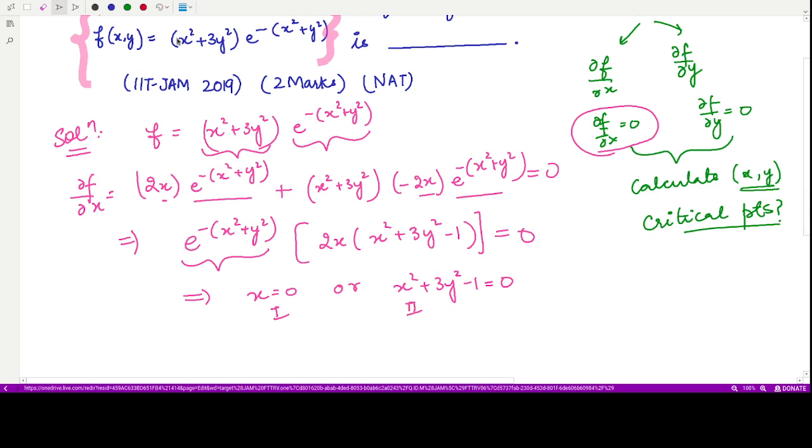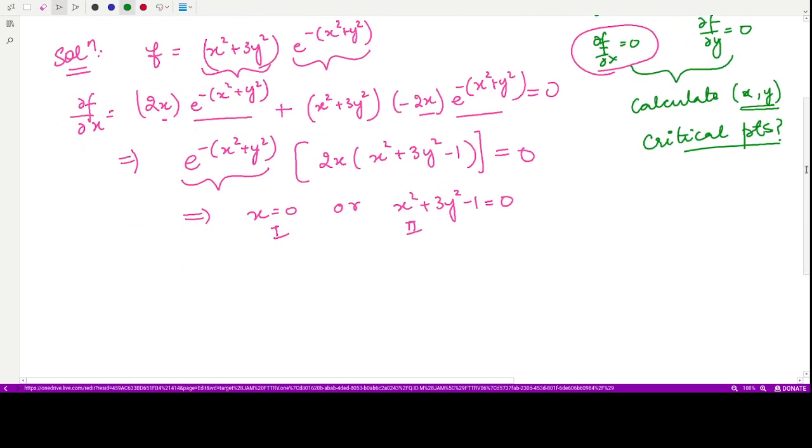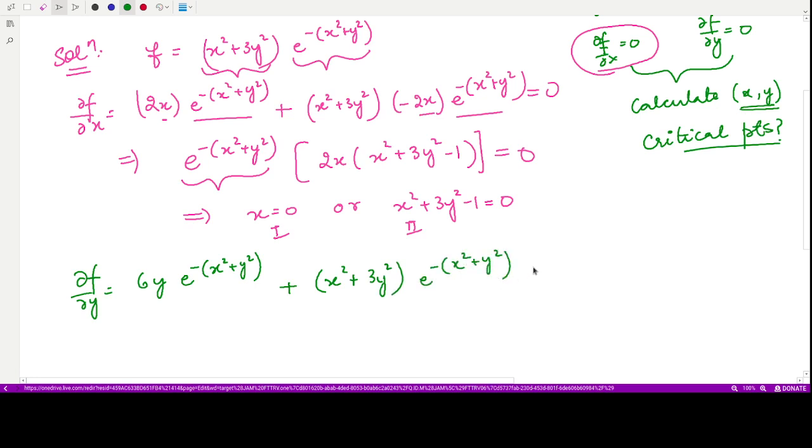Similarly, we'll calculate the partial derivative with respect to y for this same function. It would be 6y multiplied by e to the power minus x square plus y square, and then plus this term as such, x square plus 3y square, and then the derivative would be e to the power minus x square plus y square multiplied by minus 2y, right? Again we'll substitute this term equal to 0.